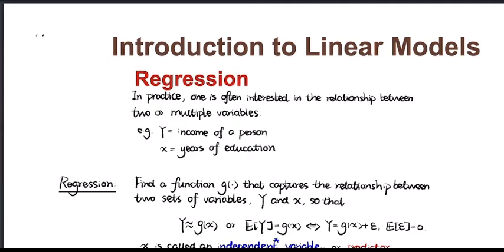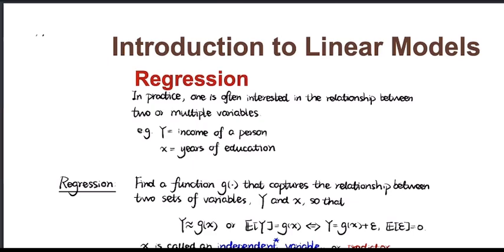Like the one I'm trying to show you now, I want to talk about the income of a person. In all that we've been doing before now, we've only been looking at the response variable alone. We believe it doesn't depend on any other variable. That has been our focus.